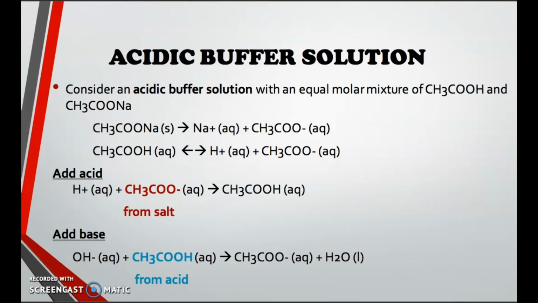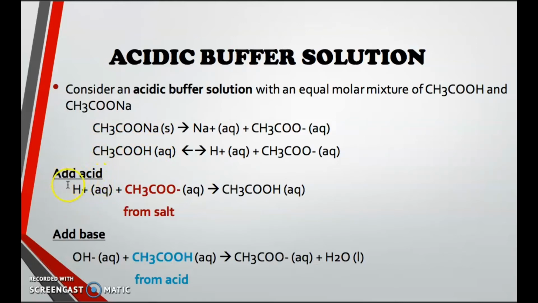Acidic buffer solution. Consider an acidic buffer solution with an equal molar mixture of acetic acid and sodium acetate. So this is the sodium acetate and this is the acetic acid. Add acid. We look at this.